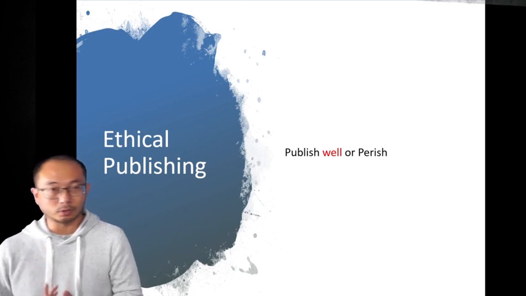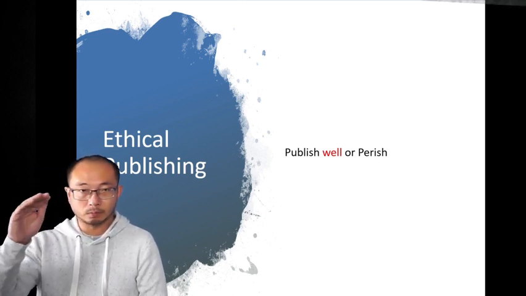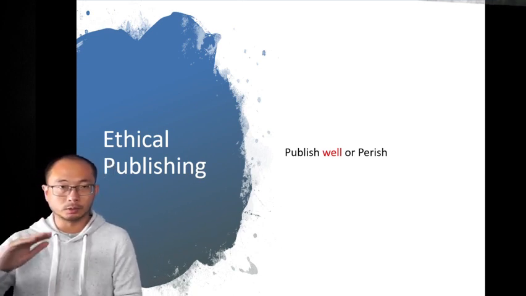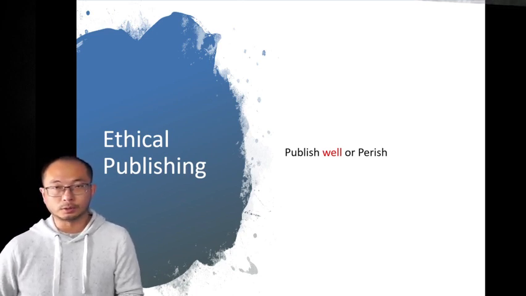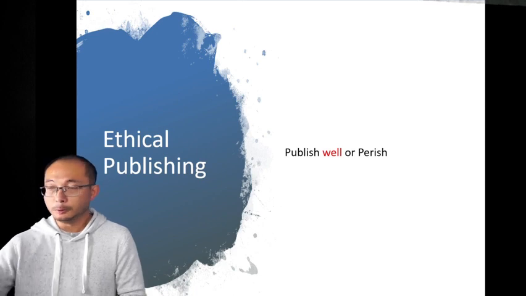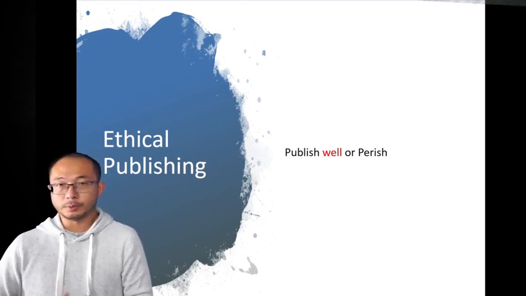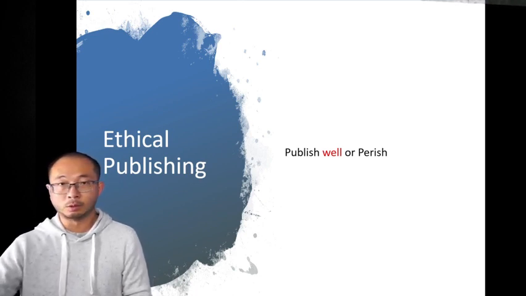First came indexed journals, and then came the stratification of journals. We had the tier one journals, tier two journals, and so on. So you try to get as many tier one journals as possible. So it became from publish or perish, it became publish well or perish.